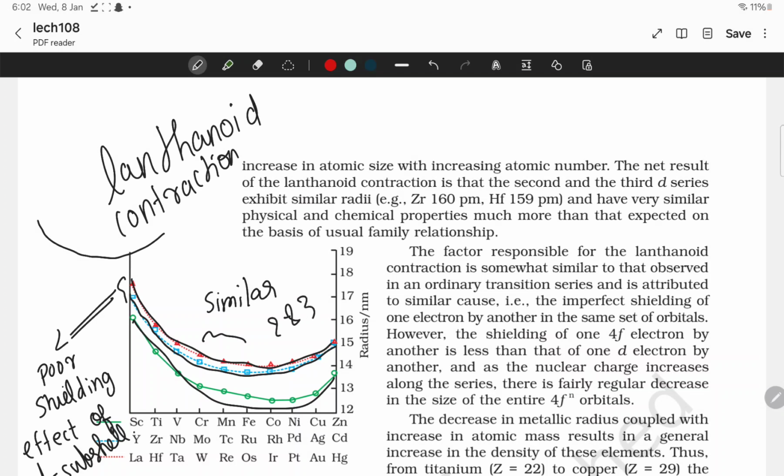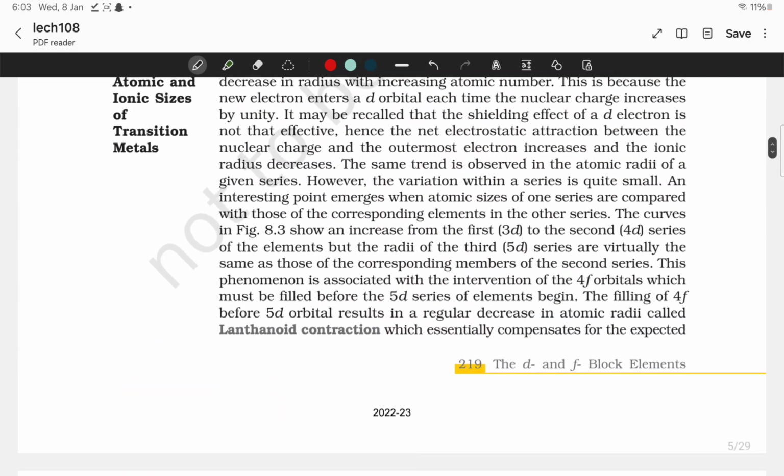The net result of the lanthanoid contraction is that the second and the third d series exhibit similar radius. That is, zirconium and hafnium have similar radius, and have very similar physical and chemical properties, much more than expected on the basis of the usual family relationship. The d block always has series relationship more than group relationship.